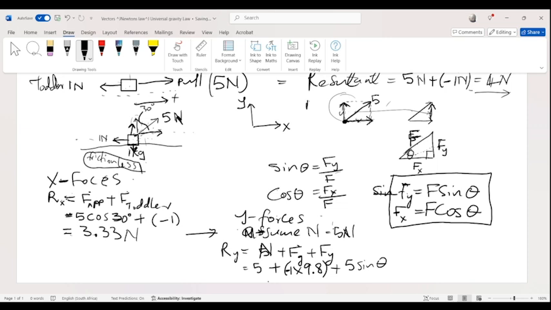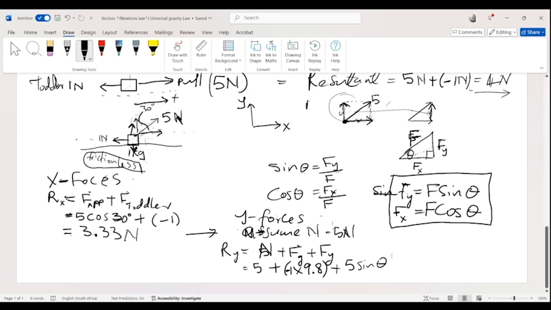So let's see how much we have. 5 plus 5 sine 30 minus 9.8.